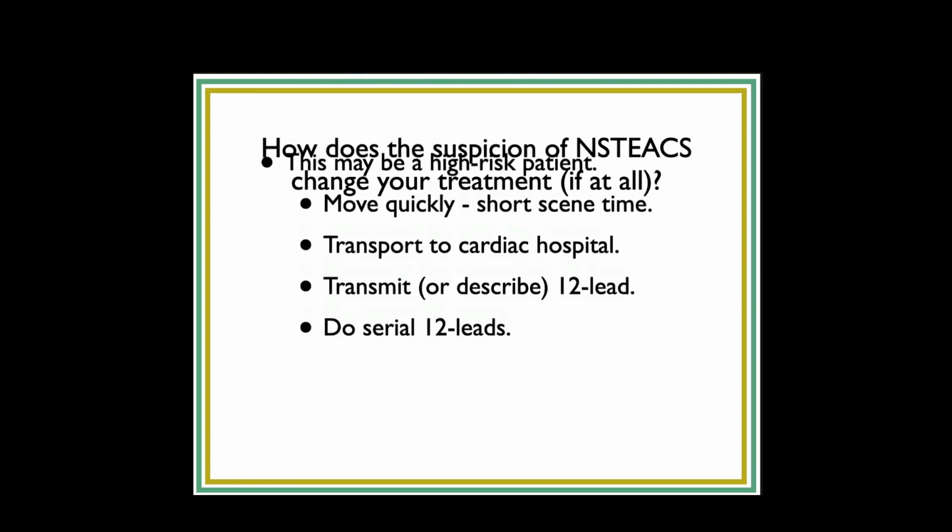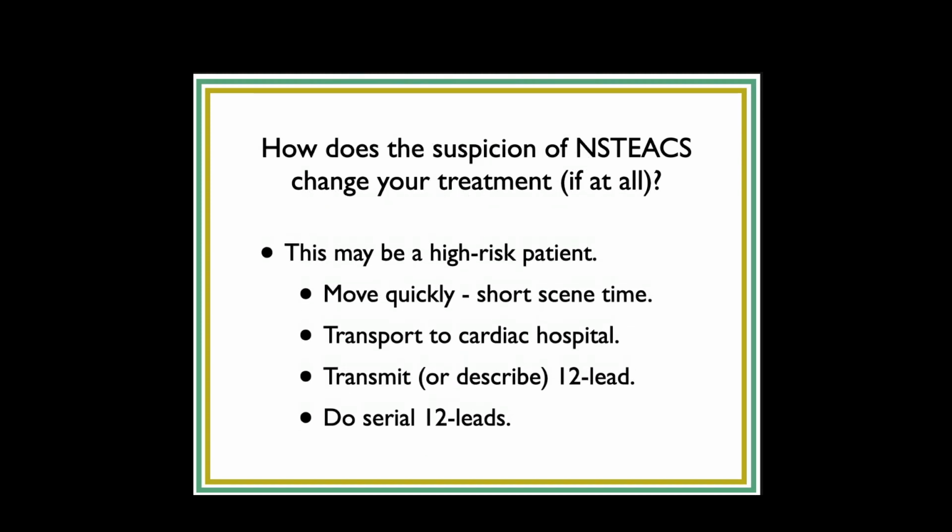Okay. So this may be a high-risk patient. Really everything that Chris said: move quickly, short scene time, transport to a cardiac hospital, transmit or describe the 12 lead and do serial 12 leads. Code 3 probably depends a bit on the clinical presentation, but I think the most important thing you can do is, this may be a high-risk patient and you really want to be able to persuade the hospital.